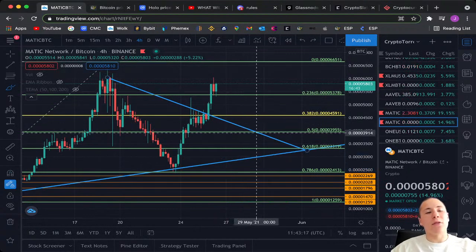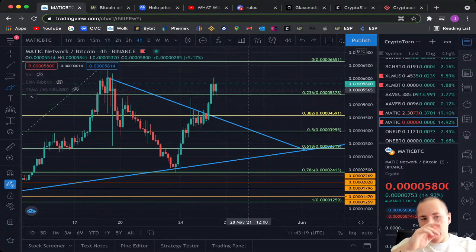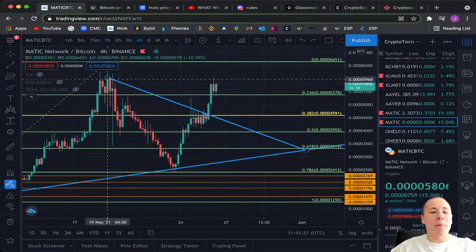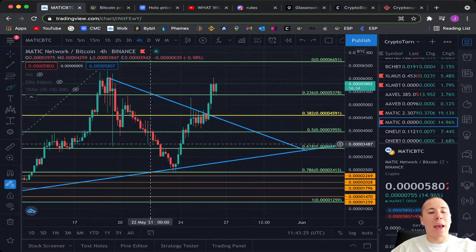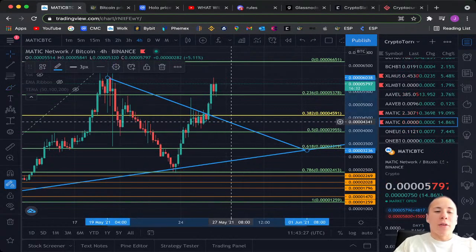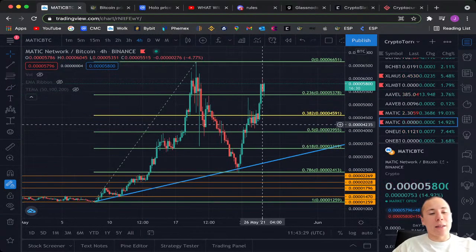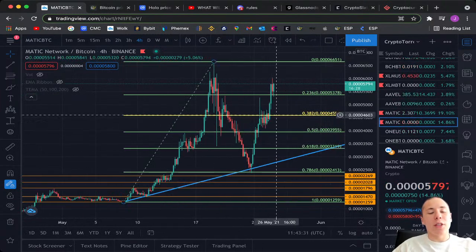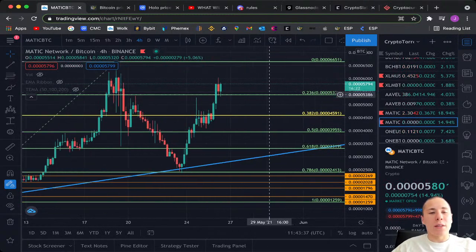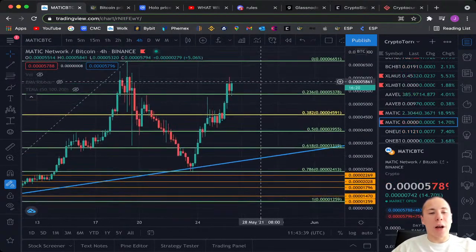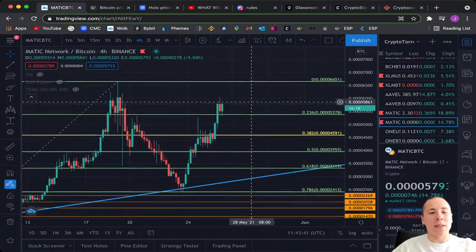But Matic decided to break further up, creating this V-shaped pattern and not making a symmetrical triangle. So what we are currently seeing is these huge touch points, this huge pattern towards the upside getting created, and it is a possible move that will be heading even further and further up. And I personally think that's just amazing to take a look at.